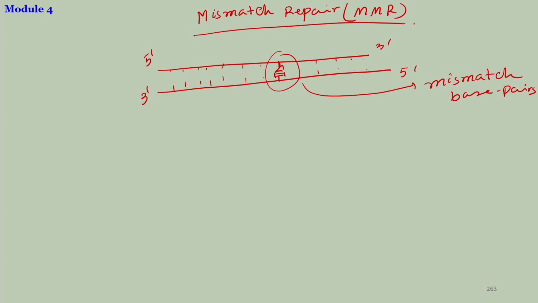They did not necessarily come from any particular kind of lesion; it has simply occurred because of mistakes during the replication process. Of course, mistakes can happen anywhere.